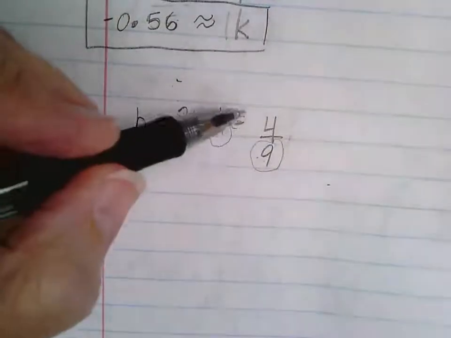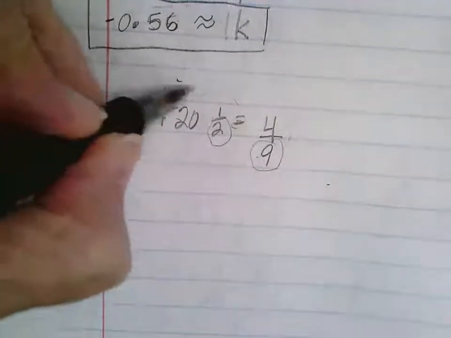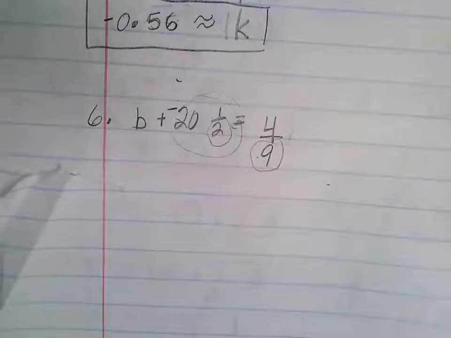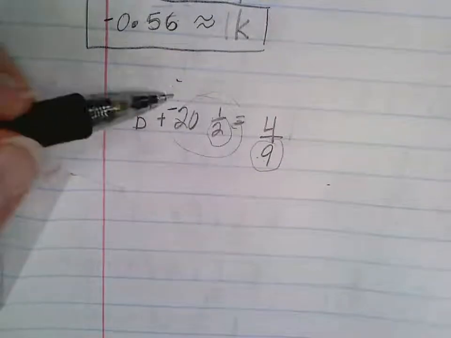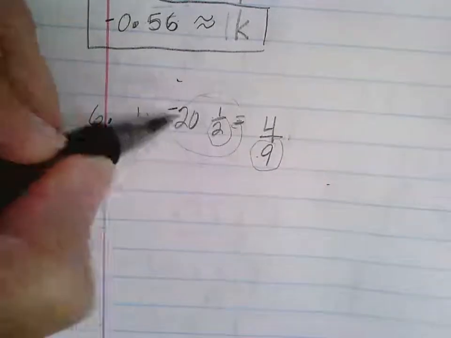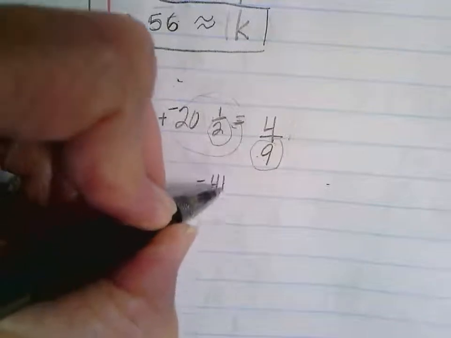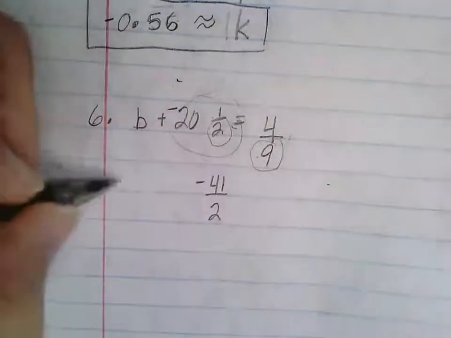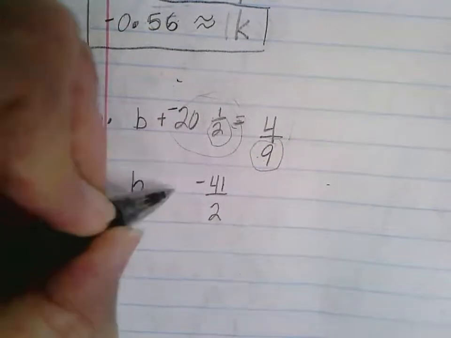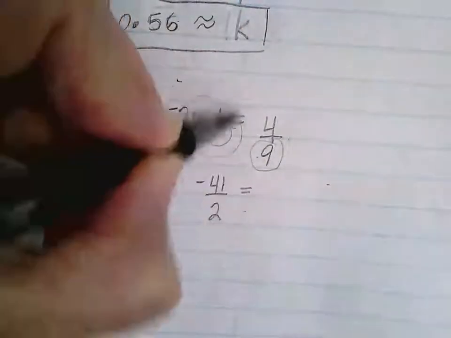But before I do that, I'm going to change this mixed number into an improper fraction. Negative 20 times 2 is negative 40 plus 1 is negative 41/2. And right here I have my b. On the other side, my equal sign is approximately in the same position.